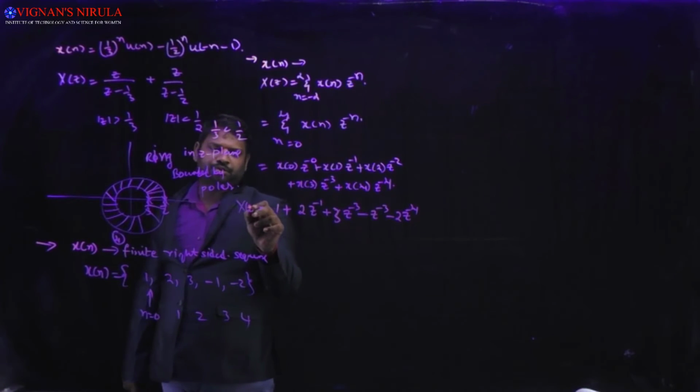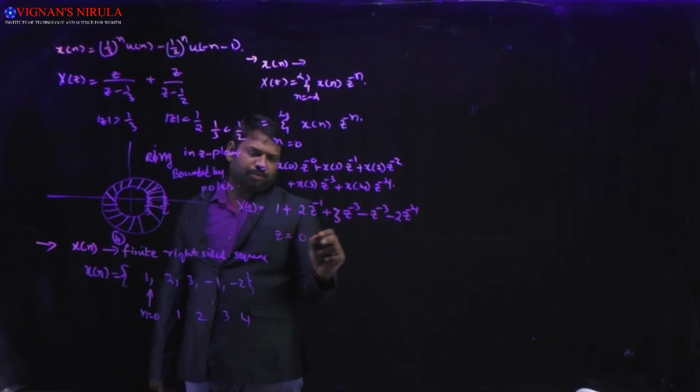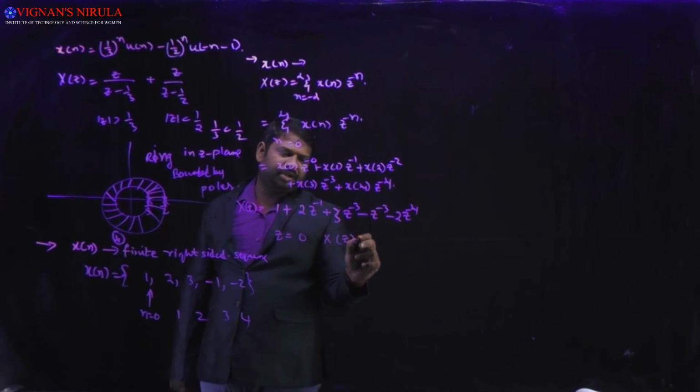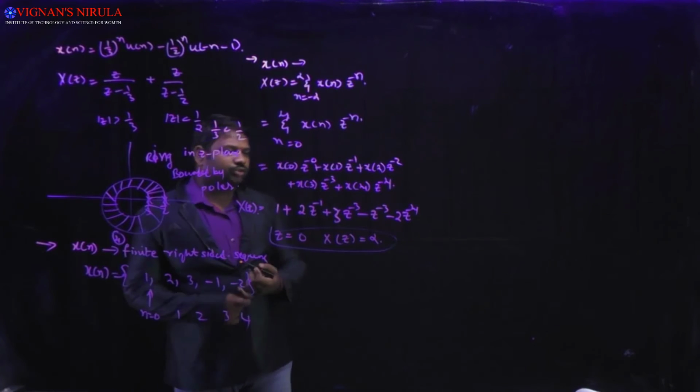This is X(z). When we put z equal to 0, our X(z) will be infinity. Therefore, at infinity, the X(z) is infinite.